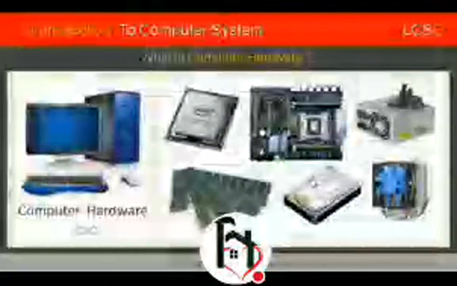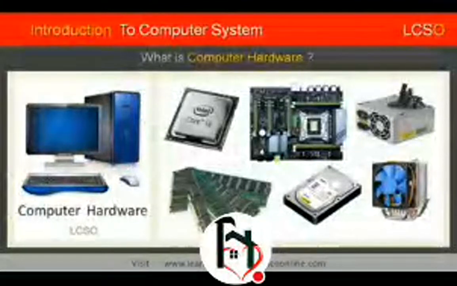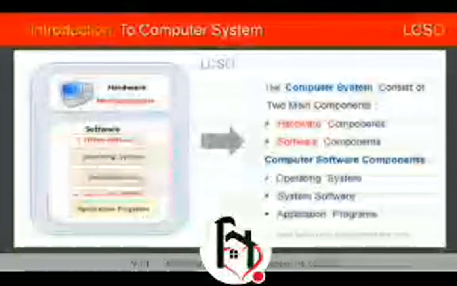The hardware components are the physical parts of the computer, such as keyboard, display monitor, mouse, CPU cabinet, and other such parts. The computer system needs two types of software components to function. The first type is called the application software, and the second type is called the system software.